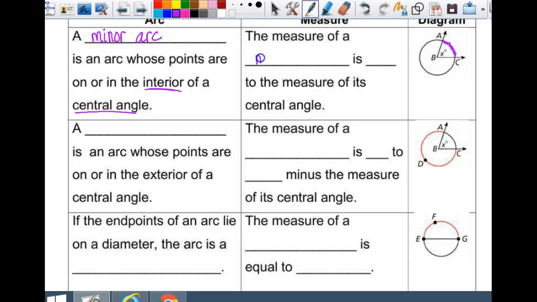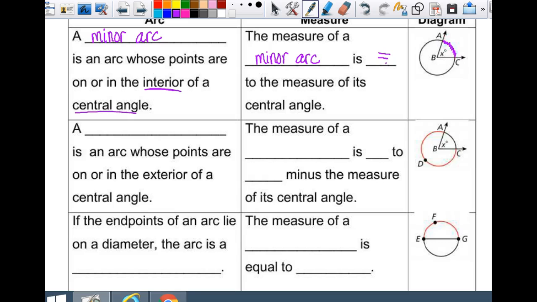The measure of a minor arc is equal to the measure of its central angle. Like I said, it's a very easy relationship, but there are different ways to talk about arcs. We can talk about their measure and their length. Today we are just looking at measure, and you measure an arc in degrees just like you would an angle.